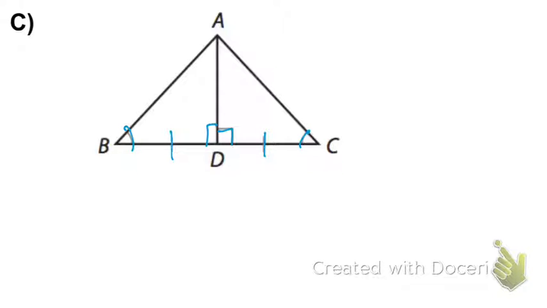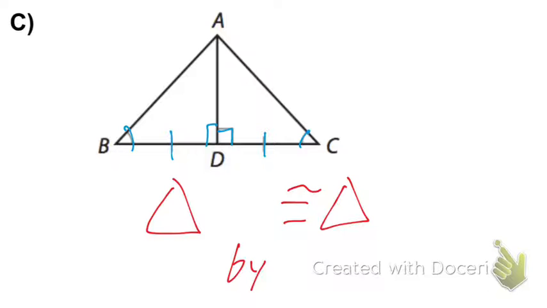Now, is this enough to prove these triangles congruent? Yeah, it is. Because if we go through it, do we have an angle, a side, and an angle? Yeah. And the sides between them? Yeah, we do. So can somebody help me with my congruent statement here? Ryan, can I have you help me? Triangle ABD is congruent to triangle ACD.